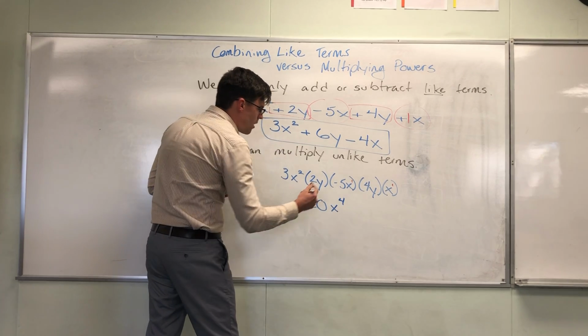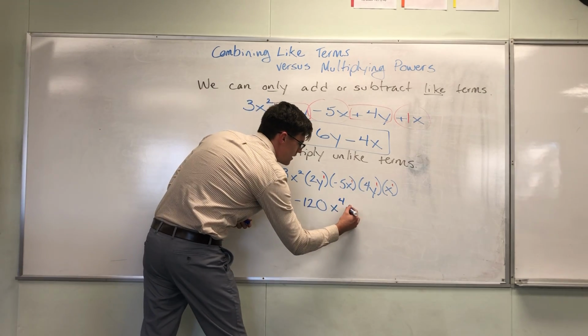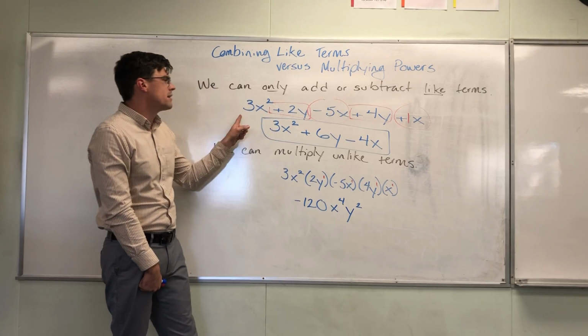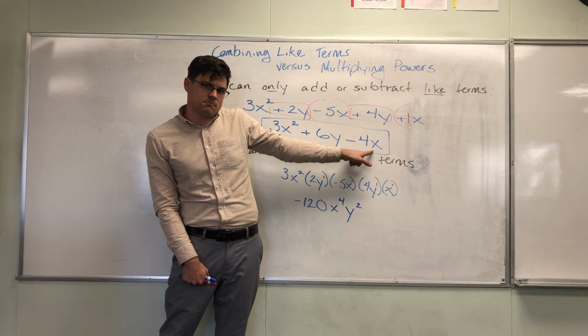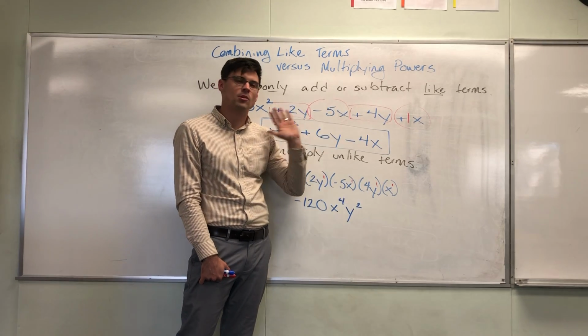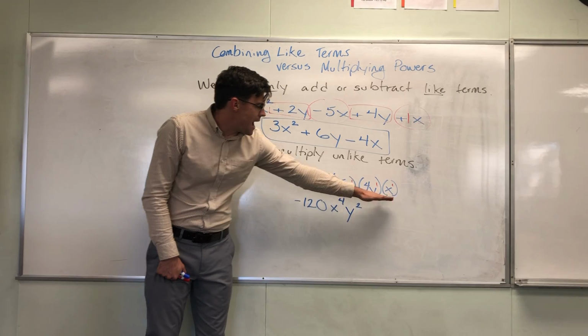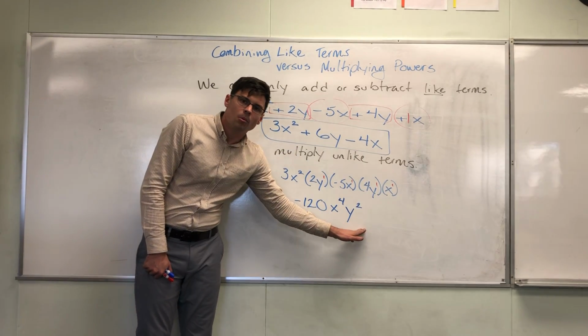And then the y's also have a 1 above them. So when I add the exponents above y, I get y to the second power. So when we're combining like terms, we might only be able to get it down to 3 terms, depending on how many of them are like terms and how many of them are not like terms. When I am multiplying terms together, I can actually get it down to 1 number and 1 of each variable.